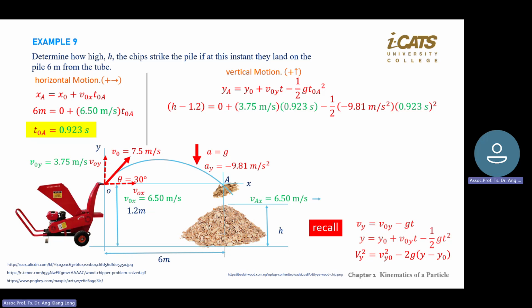I assume when the pile hits here, my pile is already higher than 1.2. If you use this diagram, my H is lower than 1.2, right? But in my calculation, I assume my H is higher than 1.2. So you find your H is 0.483.